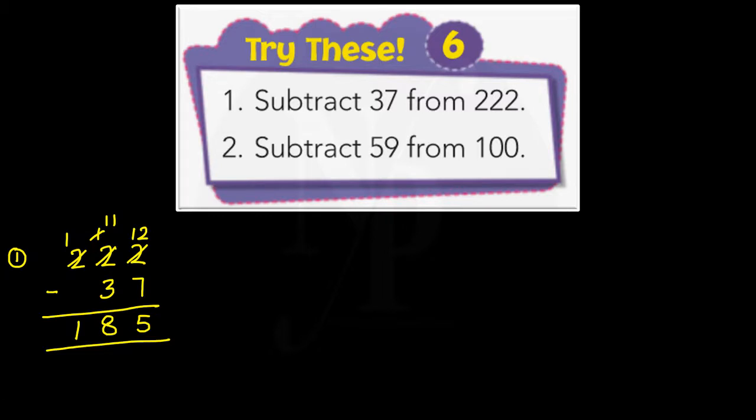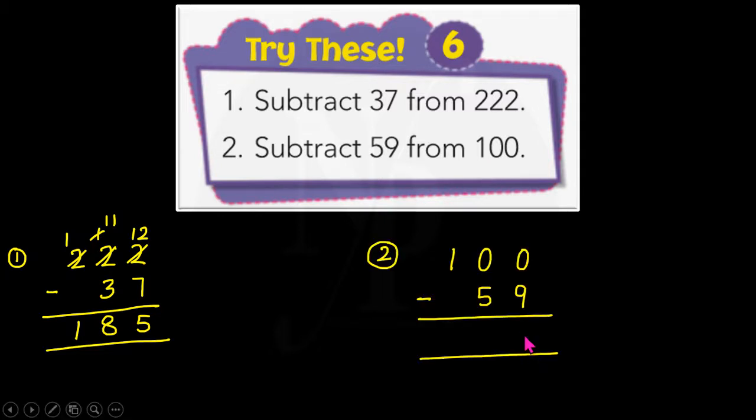Question number 2. Subtract 59 from 100. Let us write down these numbers one below the other appropriately and then we will subtract. Here we have written 100 and 59 one below the other appropriate to their place values.